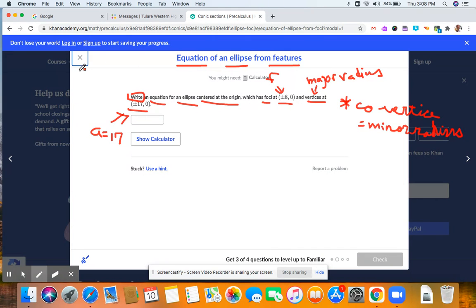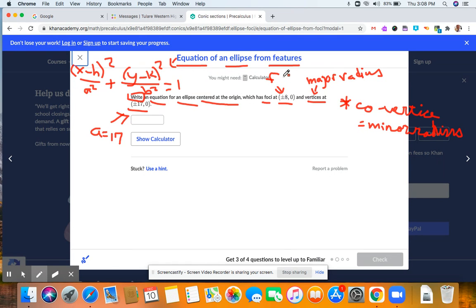The equation of an ellipse is something we need, so that's x minus h, quantity squared, over a squared, plus y minus k, quantity squared, over b squared, and all of this is equal to 1, so that's the equation of an ellipse.